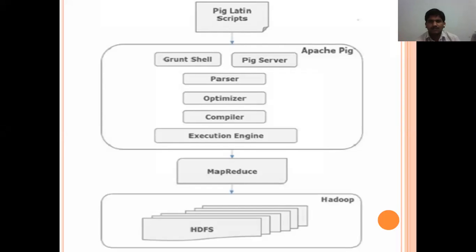These are the phases of Apache Pig. Then the desired output is submitted to MapReduce and performed on the Hadoop system. Okay.